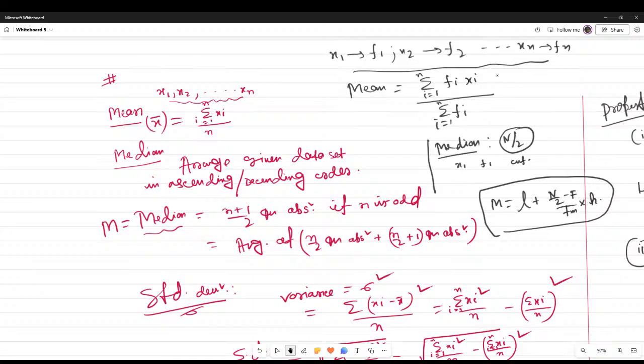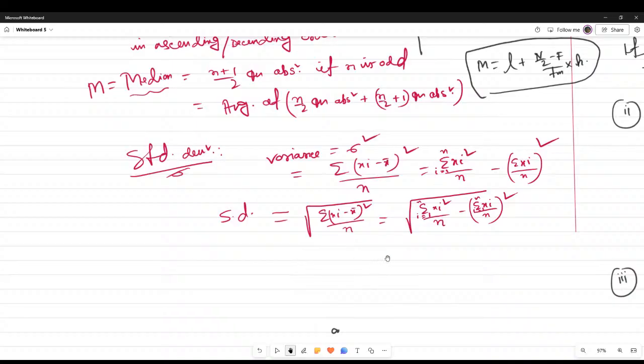N is the total number of observations. h is the size of the interval. So what are the steps for median? You should remember: draw the cumulative frequency table, find the median class, find its lower limit, then apply this formula.